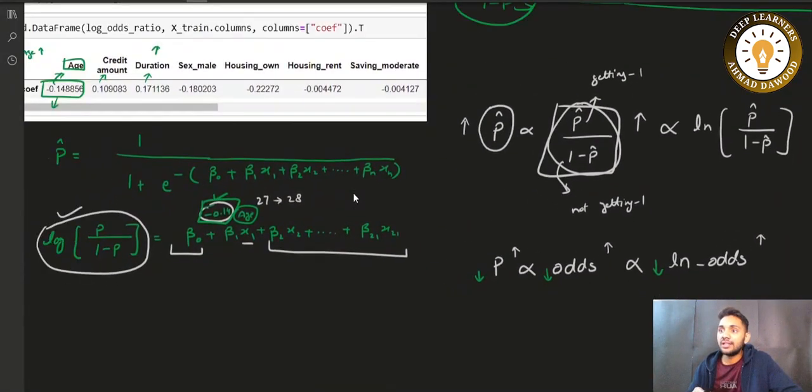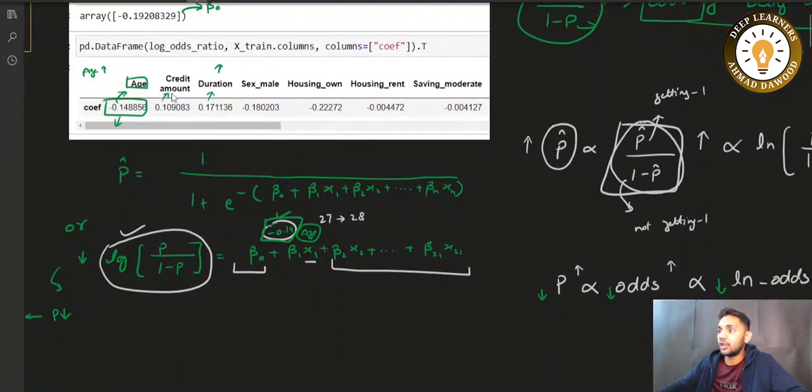Okay, now let's consider this housing own. Now you can say minus 0.22. When your housing own is equal to 1, your decrease in log of odds will be by 0.22.